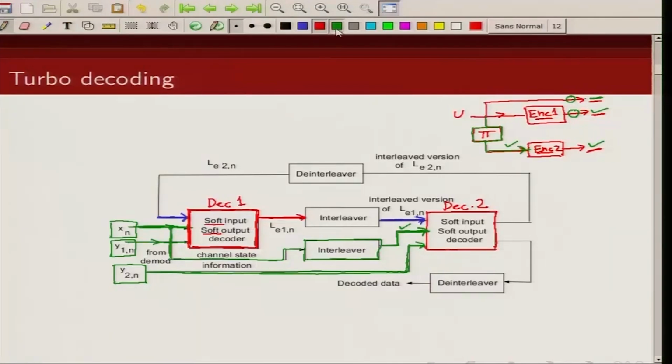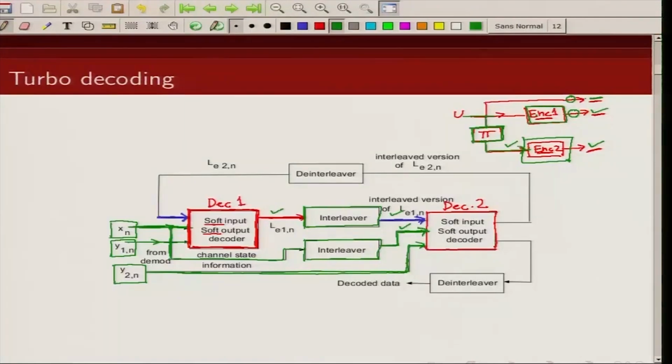Now, what is the use of this interleaver? Note the order of the information bits here and the order of the information bits here. The information bit that is being fed to the second encoder is an interleaved version of the information bit that goes to encoder 1.